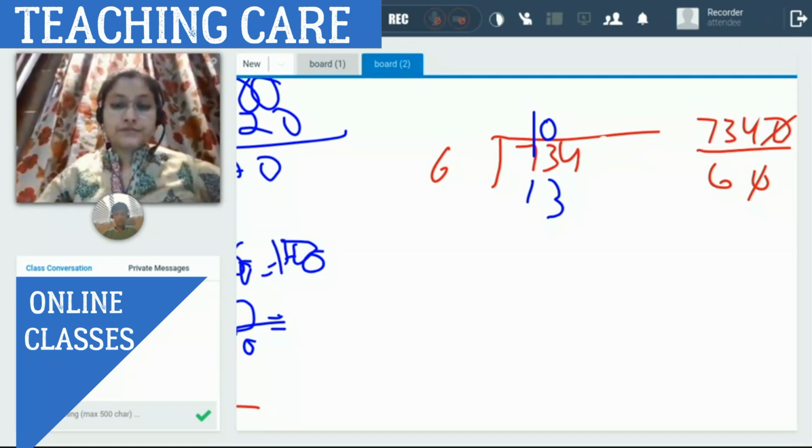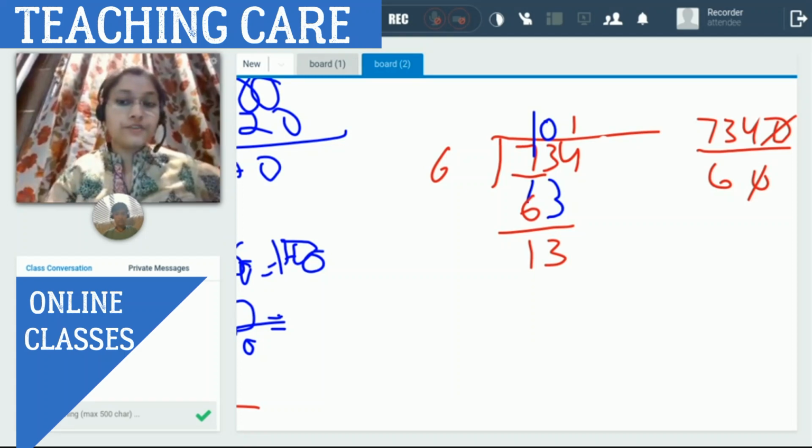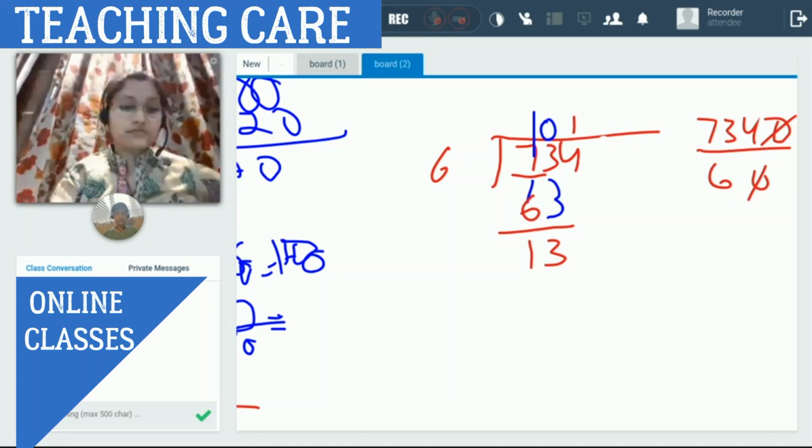See, the first digit is 7. So you can take 6 ones are 6, 7 minus 6, 1, then drop down the 3 and proceed further. We need to take one by one.